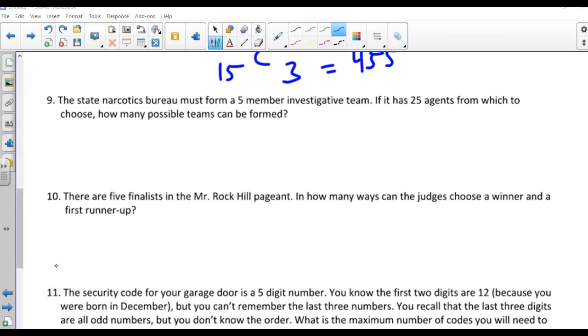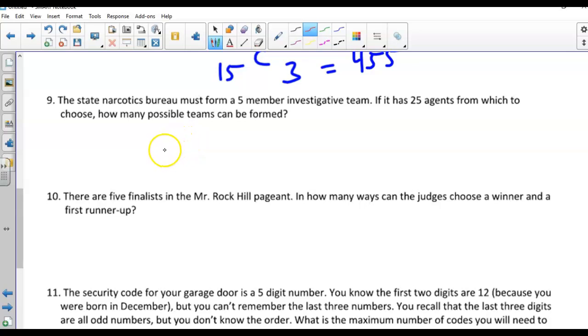All right, for number 9 it says the State Narcotics Bureau must form a 5-member investigation team. If it has 25 agents from which to choose, how many possible teams can be formed? So again, this one just says we're forming teams. It doesn't say I'm looking for a captain, a sergeant, a lieutenant.